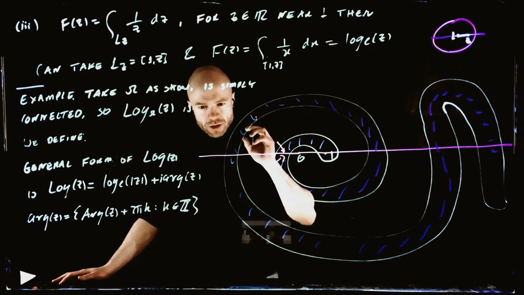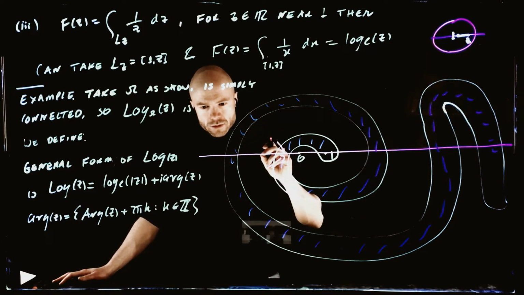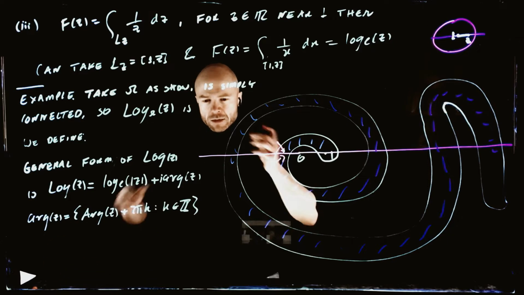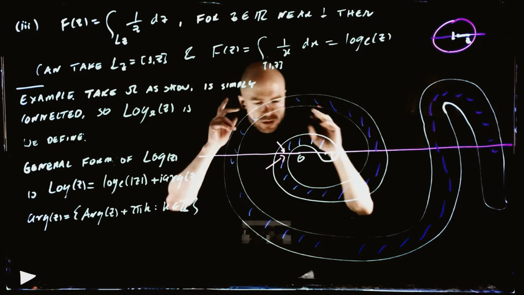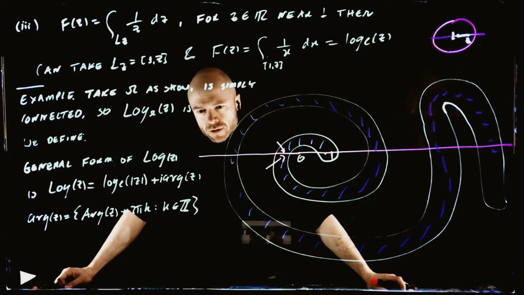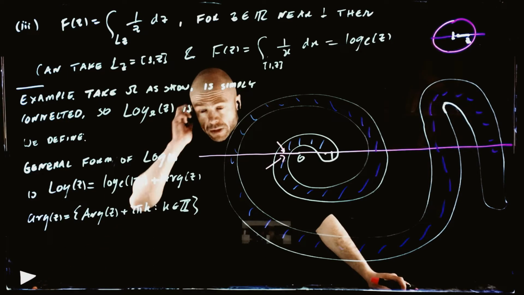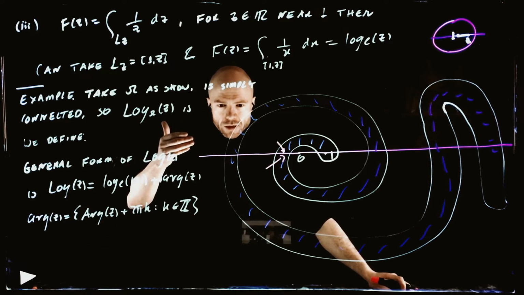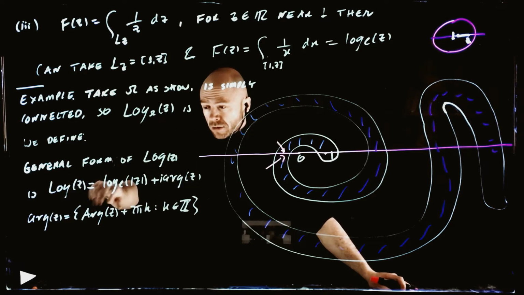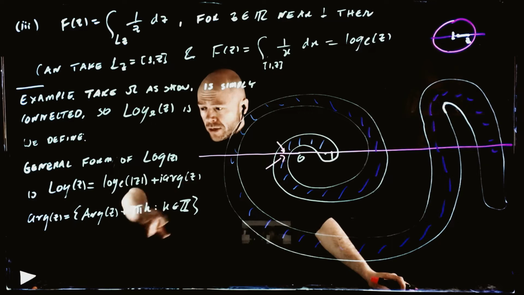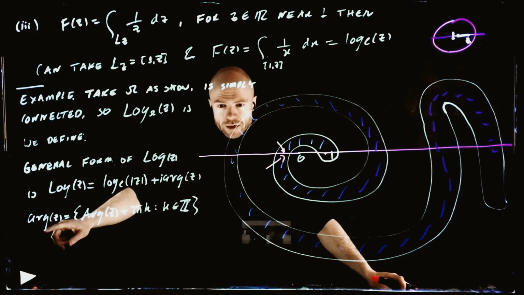Pi plus something. What something? You don't have to tell me exactly what the something is, just tell me about the something. Yeah, pi plus a little something, right? It has to be pi plus a little something, because it's a holomorphic function, it's continuous, right? So the argument, or the imaginary part of this thing always has to belong to this set, right?